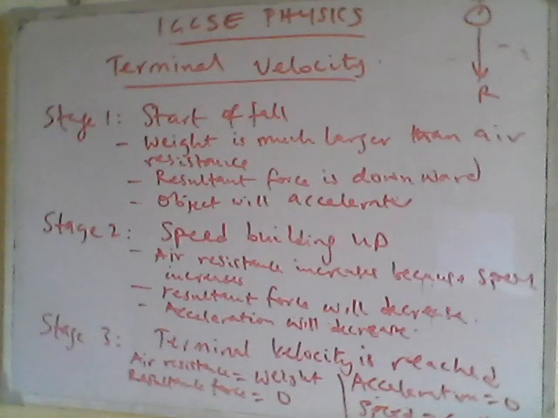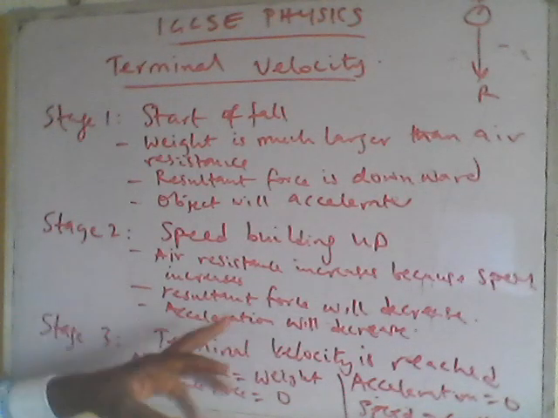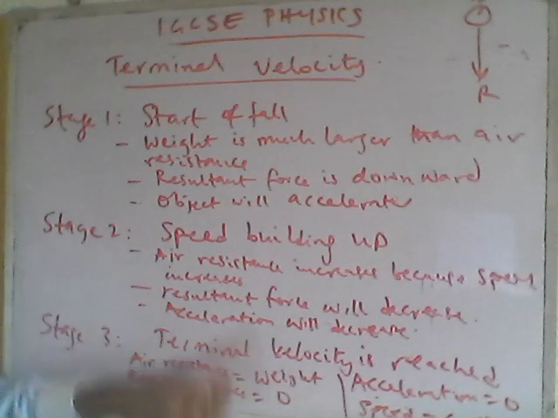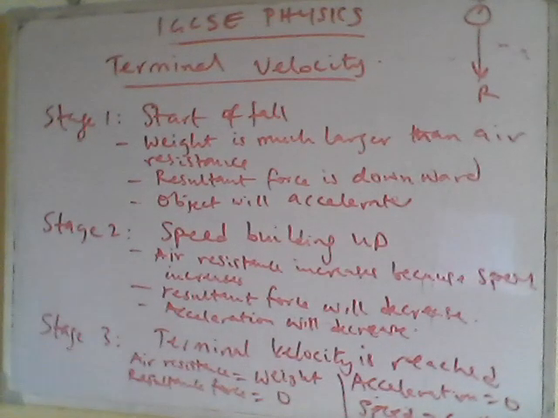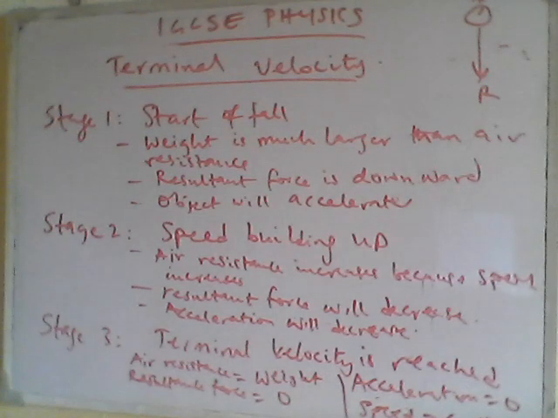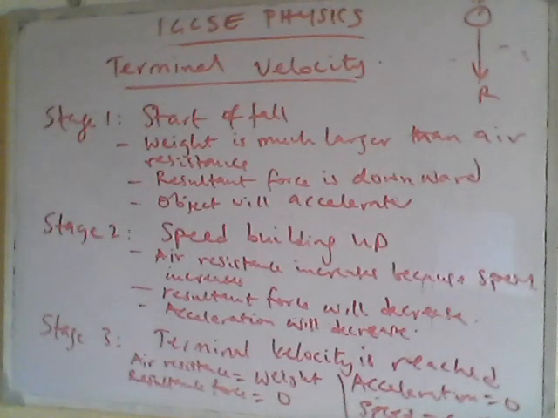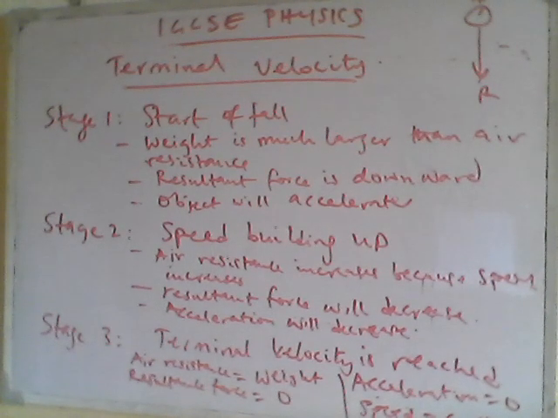That air resistance is trying to reduce that speed. A time will come when the resultant force will begin to decrease because the air resistance has increased, and acceleration will also decrease. But terminal velocity is reached when air resistance is equal to the weight. At terminal velocity, again, resultant force is 0, acceleration is 0, and speed of the body is constant.